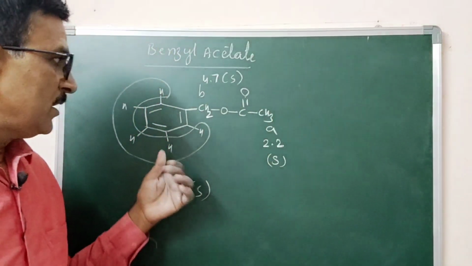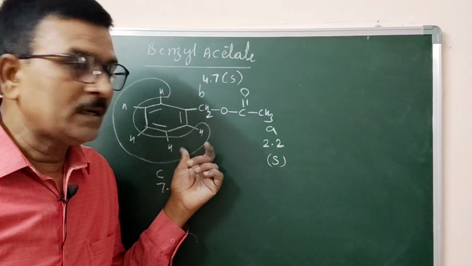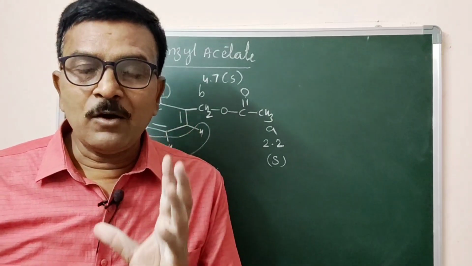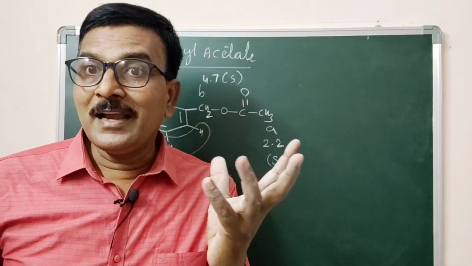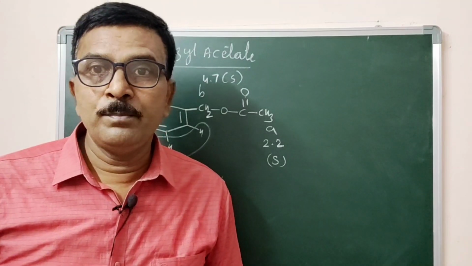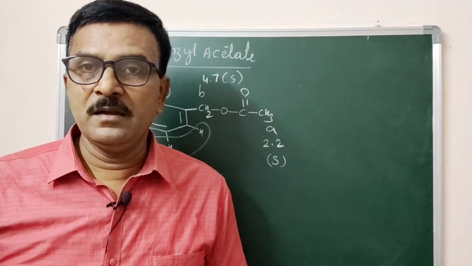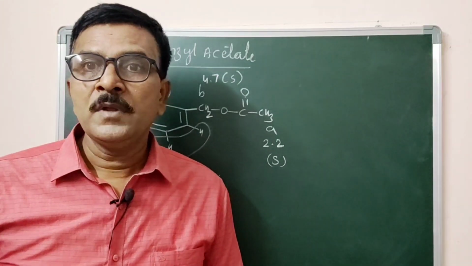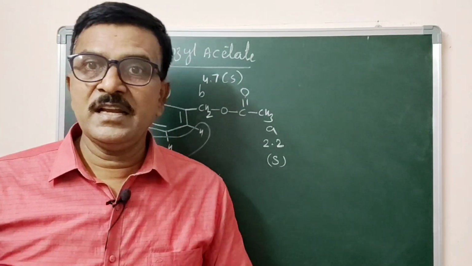Now in this case, the aromatic ring is attached to a CH2 group, which is an alkyl group. When the aromatic ring is attached to an alkyl group, there is no change in the resonance of the benzene ring. Therefore, ortho, meta and para protons become equivalent and appear as a singlet.